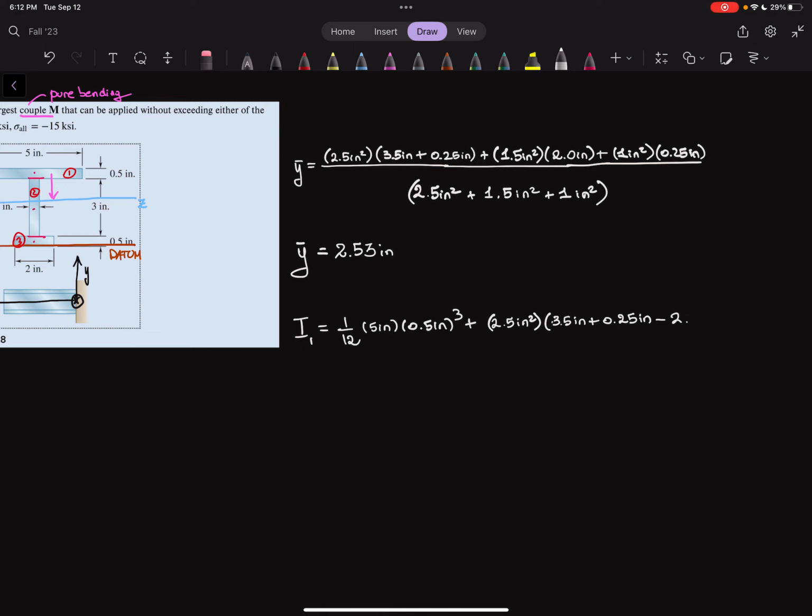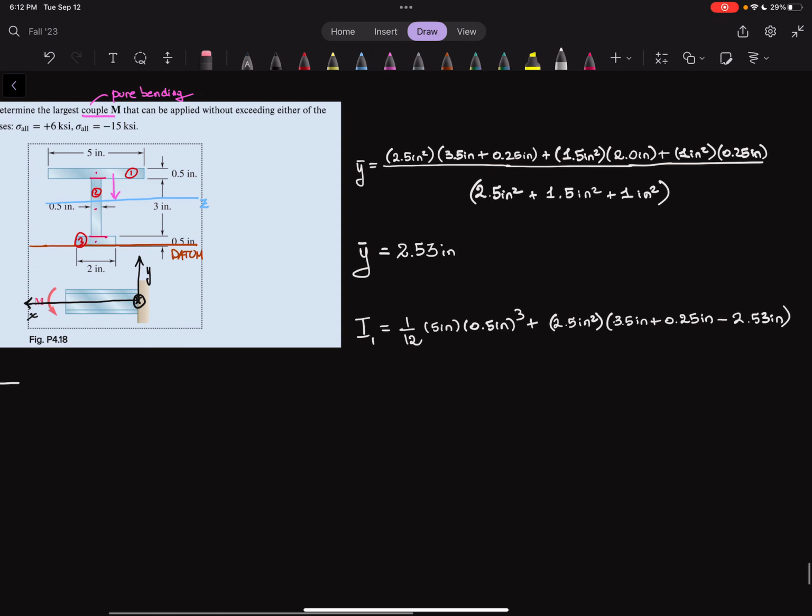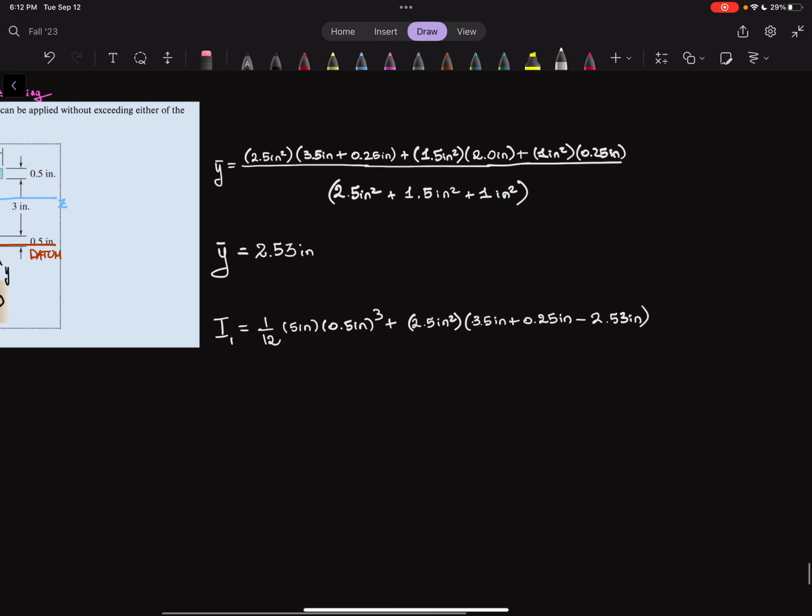So we just subtract 2.53. That makes our life a little bit easier. So we subtracted 2.53. Let me just check that I'm doing my math right. So we want to get to 3.75. That makes sense. And I want to subtract my y. And then I want this squared.